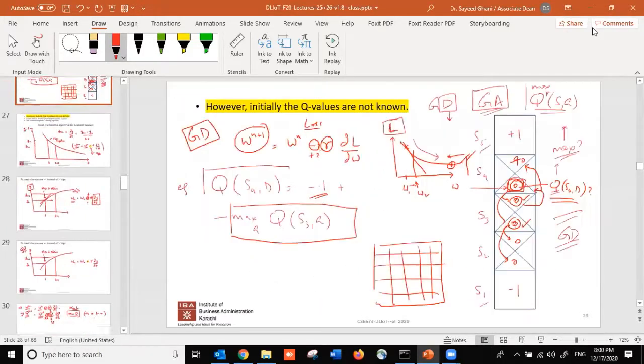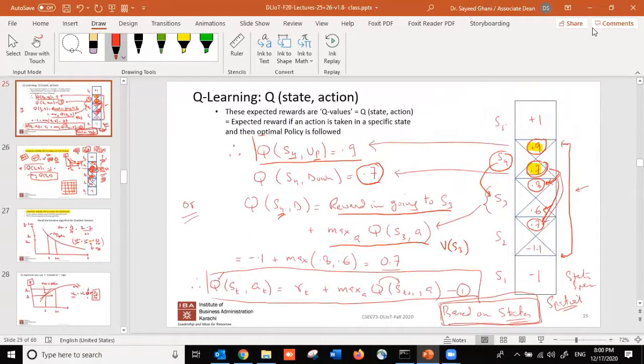If you look at this equation, what were we doing over here? We were saying that the Q value can be calculated based on a certain movement. So this is based on movement. All right.